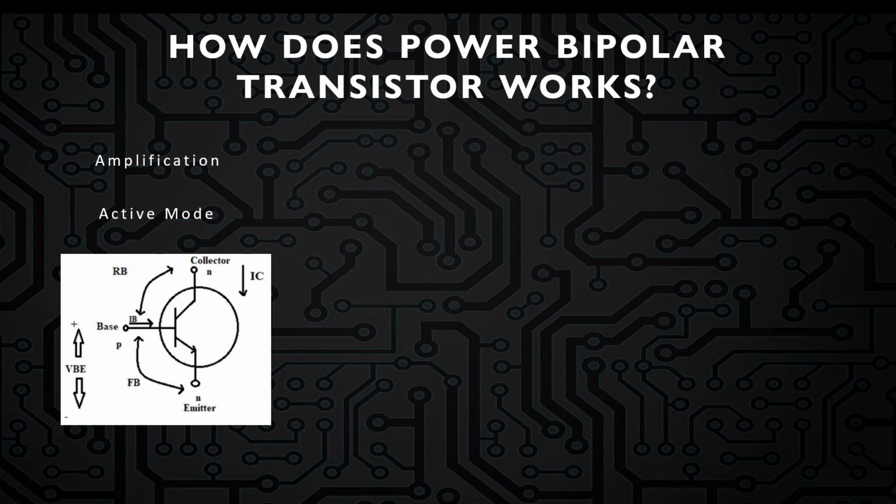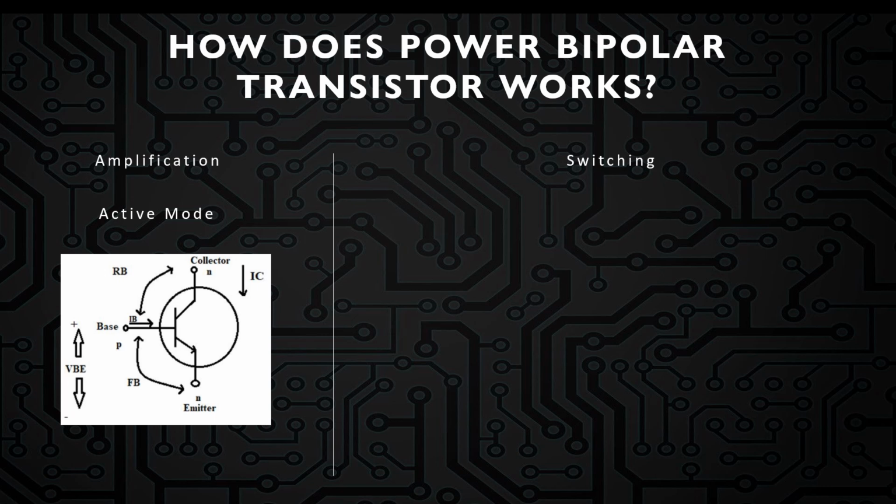In the active mode, a small forward bias voltage is applied between base and emitter. This causes a small base current to flow, and the base emitter junction becomes forward biased. As a result, a larger current flows from the collector to the emitter. The transistor operates as an amplifier in this mode, with the collector current being a multiple of the base current.